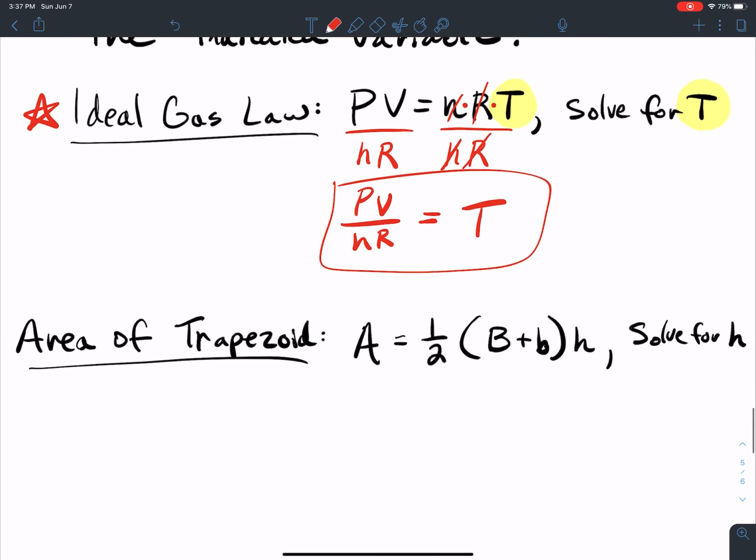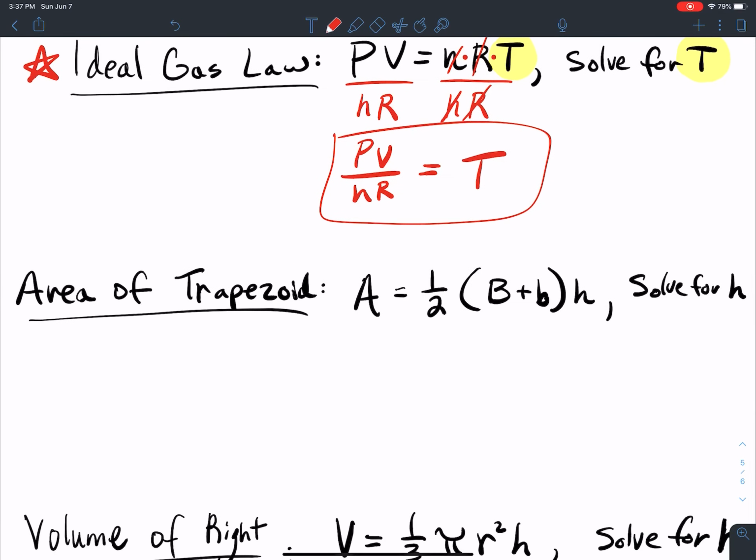The next formula is the area of a trapezoid, and I want to solve for the letter H. So how do we do this? Well, what's holding this together? It's multiplication again, so the inverse of multiplication is division. So what do I need to do?